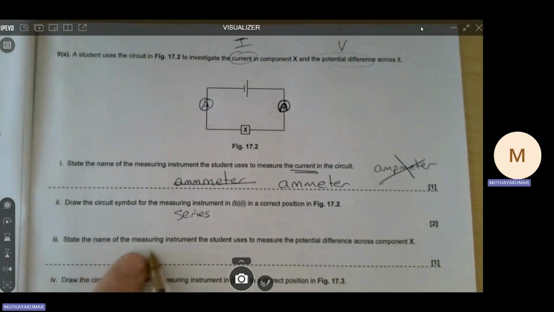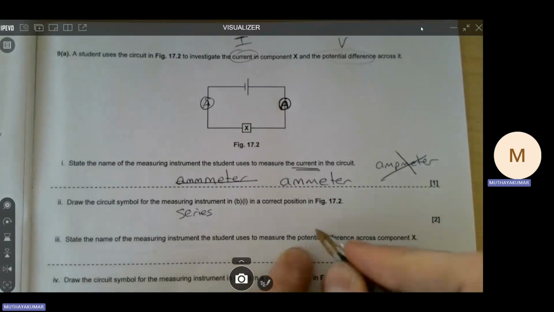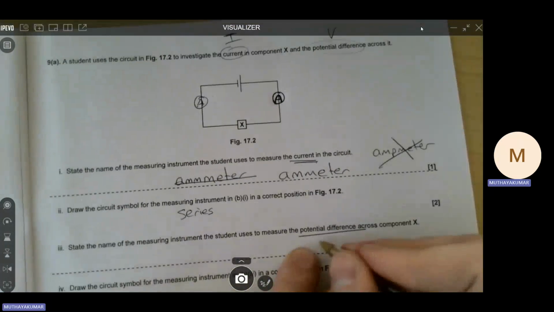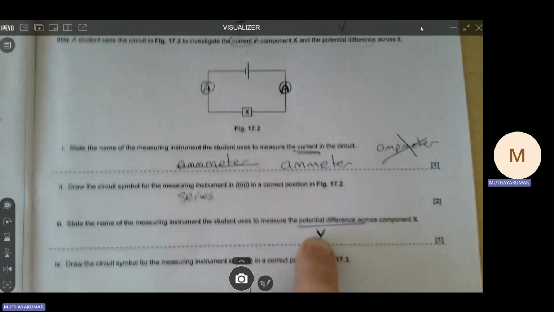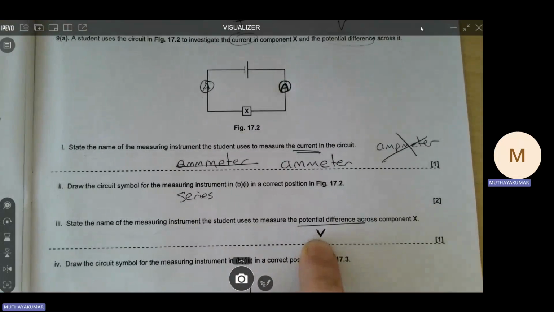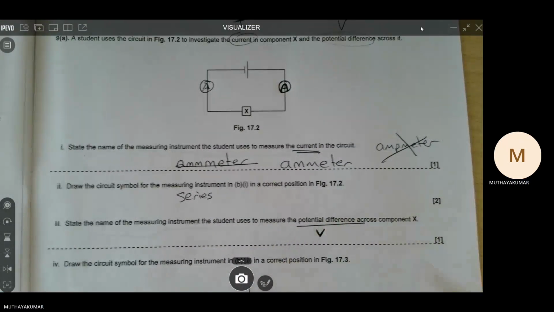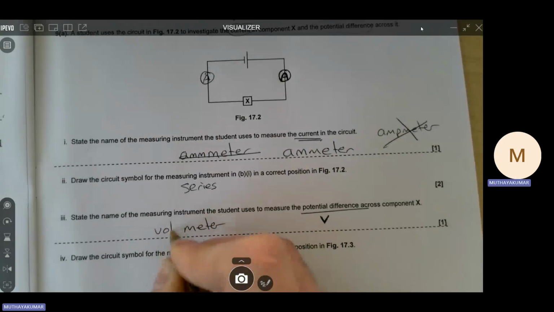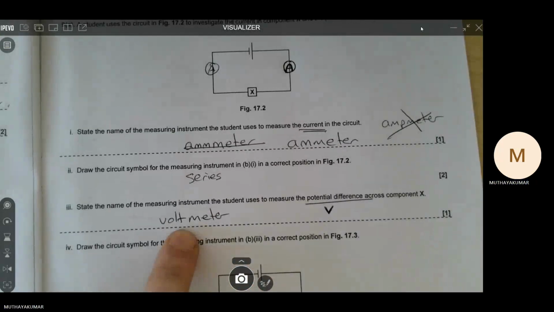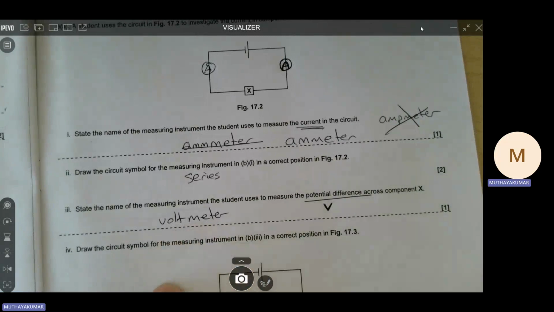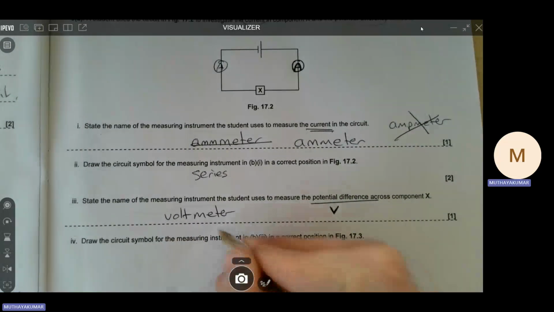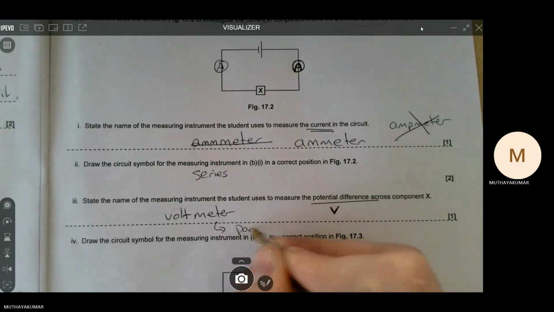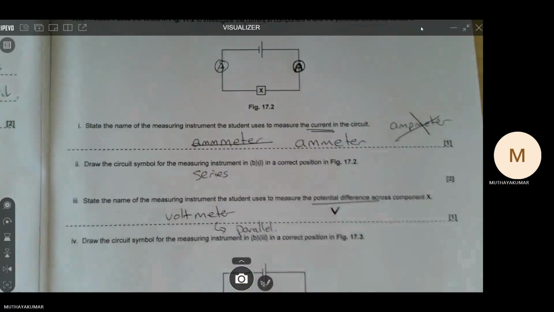We've then got state the name of the measuring instrument used to measure potential difference. Potential difference is the correct term for voltage. I know we sometimes say voltage, but we should say potential difference, and it's going to be something meter, and in this case it's a voltmeter. And voltmeters are always placed in parallel.